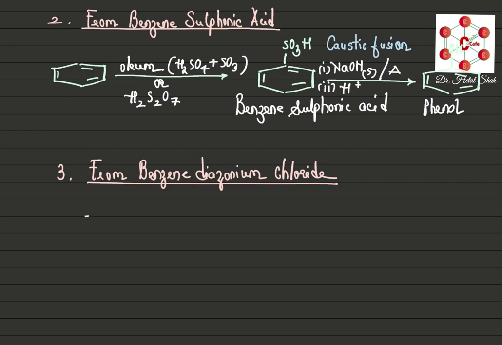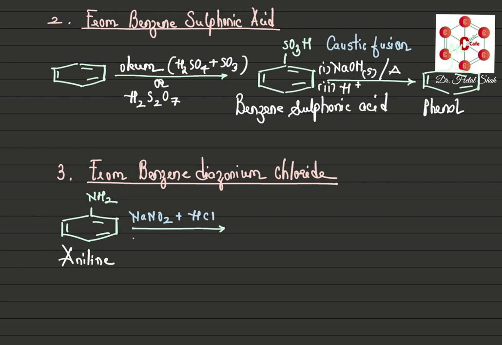You have this aniline. What do you call this? Aniline. And aniline is subjected to a very important process, which is like NaNO2 plus HCl. This is done at 273 to 278 kelvins, and the process is called diazotization.